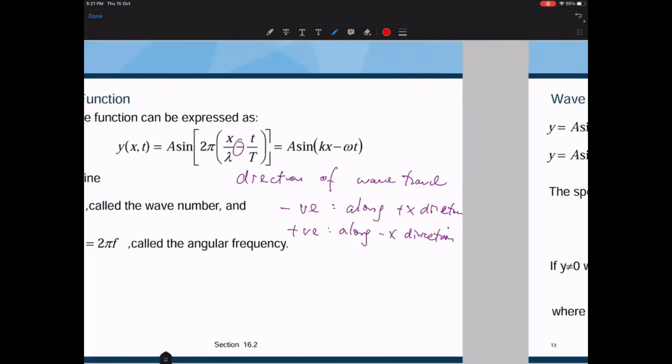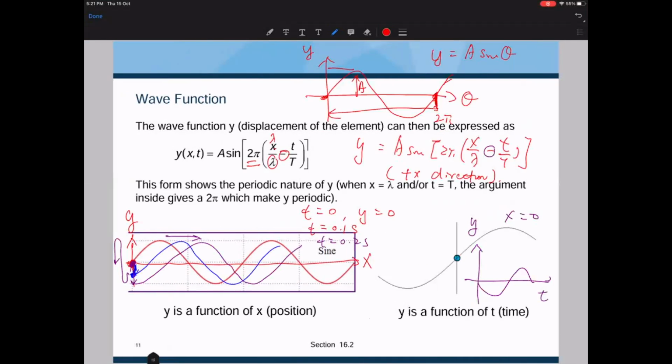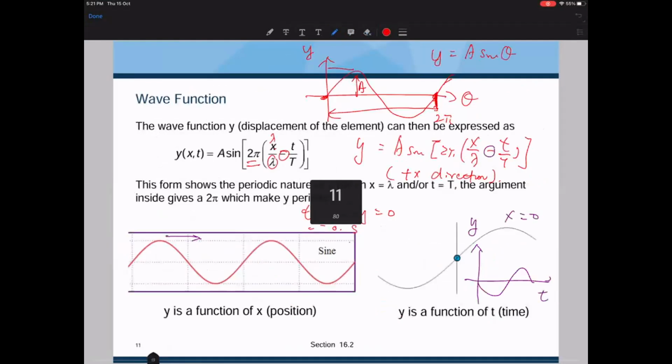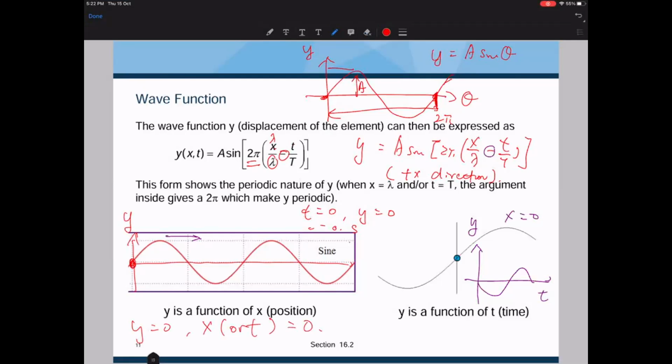In diagrams like the one on the bottom left-hand corner, it always starts with y equals 0 when x or t equals 0.